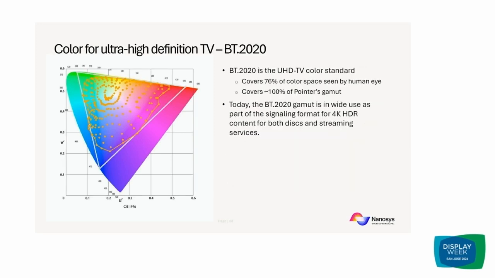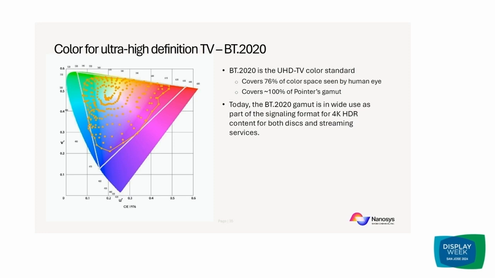The next color space here is broader, so if you flip back and forth between these, you can see that the gray triangle is expanding. The next typical color space that people will reference a lot is REC 2020 or BT 2020. It's a recommended standard to move to. It has not yet been adopted. You can see that it covers 100% of Pointer's gamut, so all of these real-world colors would be encompassed within the Rec 2020 standard.